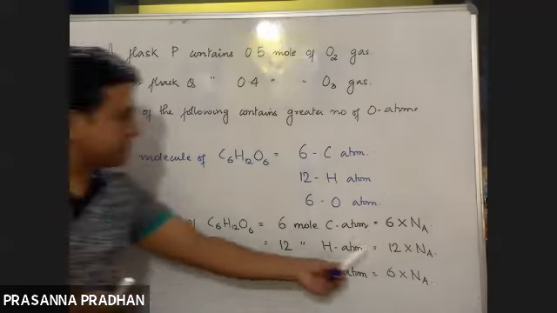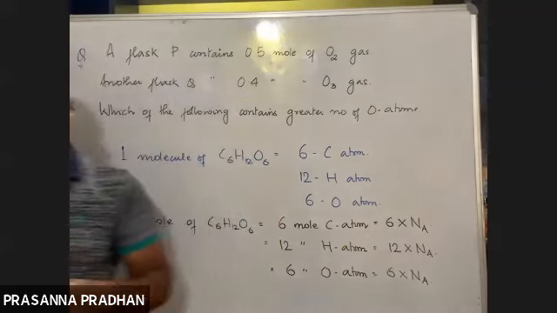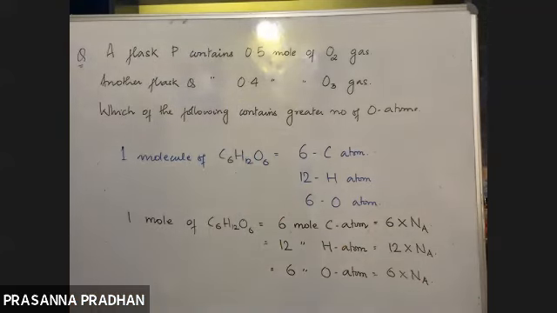Likewise for hydrogen atoms, 0.5 mole contains that multiplied by 0.5. Got it? So from the molecular formula, we can have a clear idea about the exact number of atoms present in a molecule.